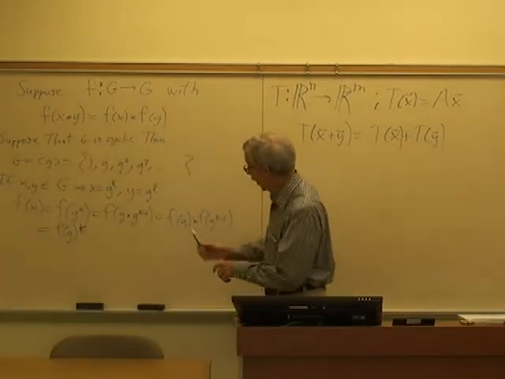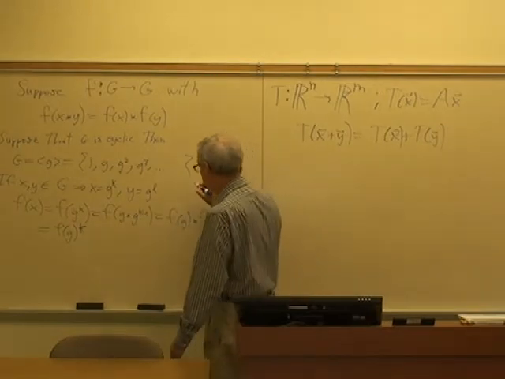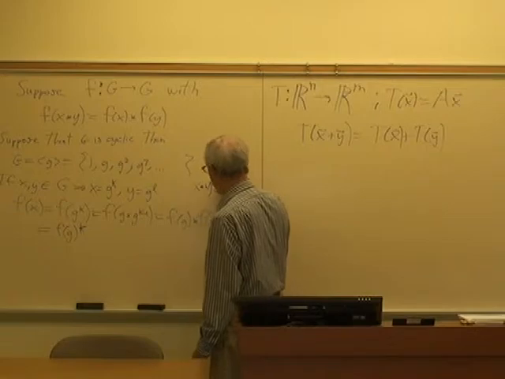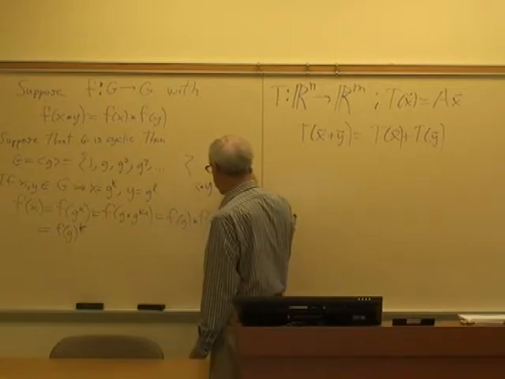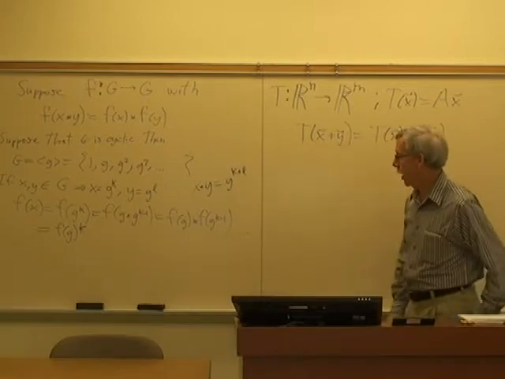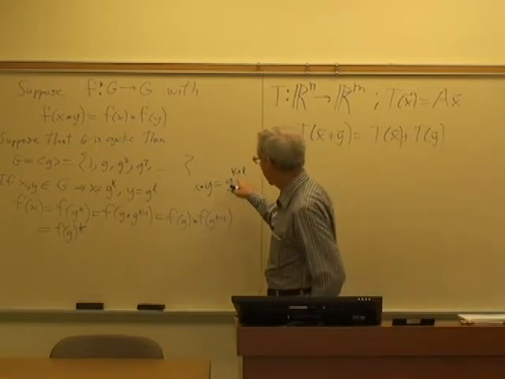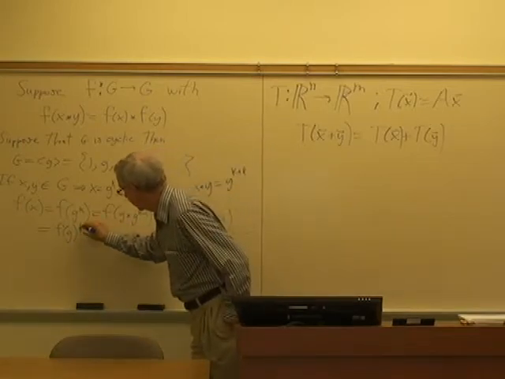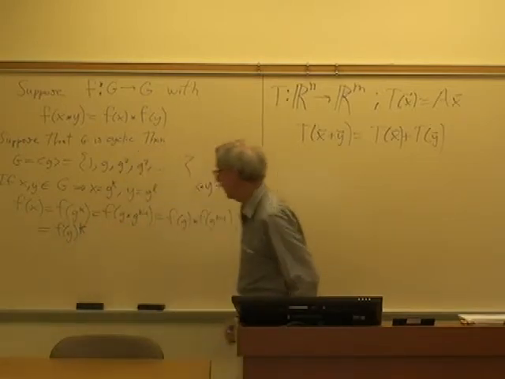Now, if I operate the two elements, what is x star y? Well, it's simply g to the k plus l, right? It's another integer power. So f applied to this is going to be f of g to the k plus l power, right?